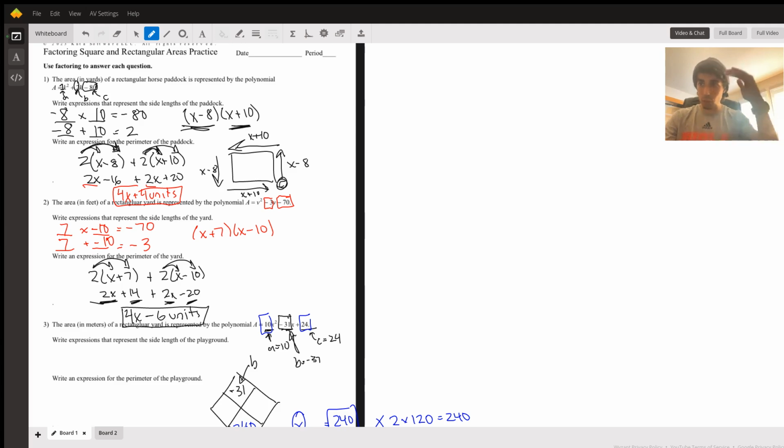So as you keep doing 240 divided by 5, 240 divided by 6, 240 divided by 7, because again, you're looking for 2 numbers that add to -31, you're going to eventually make it up to 15 and 16. So -15 and -16 multiply to 240, and they add to -31.